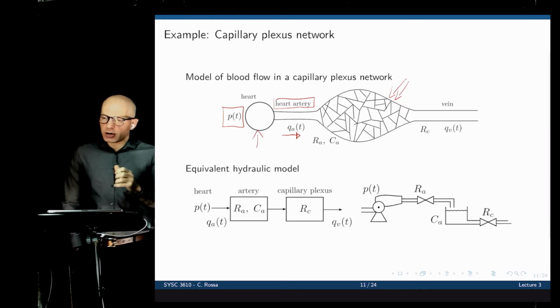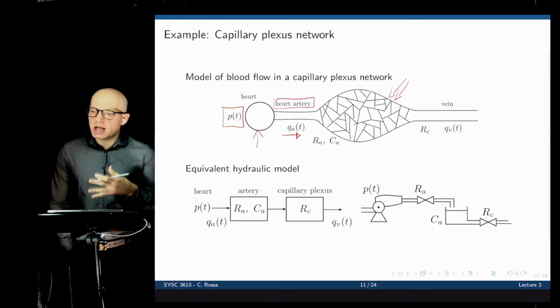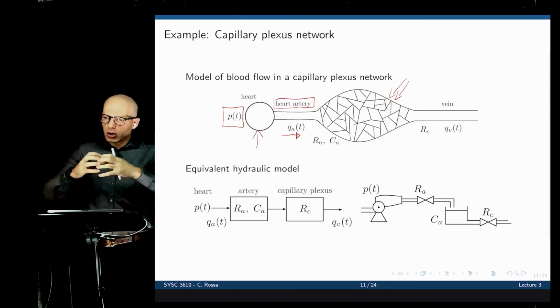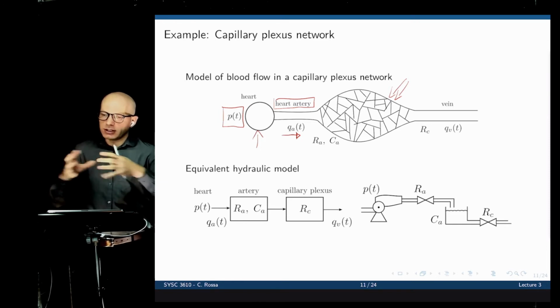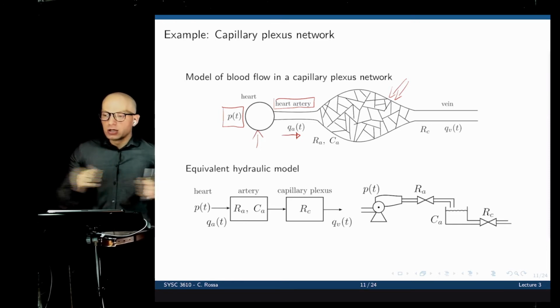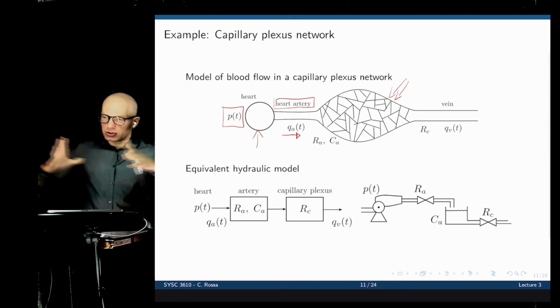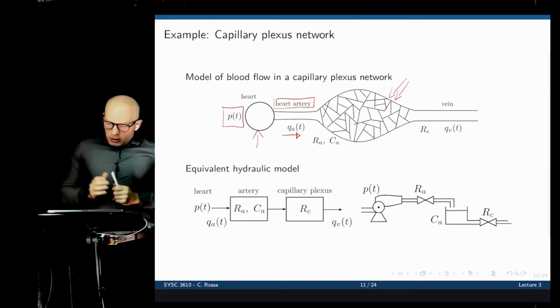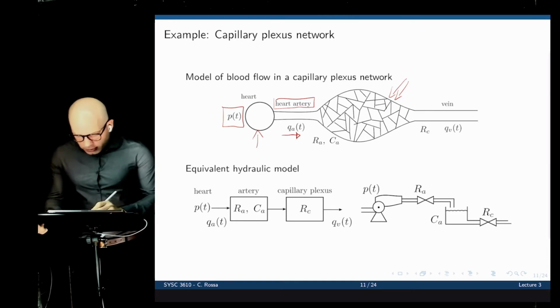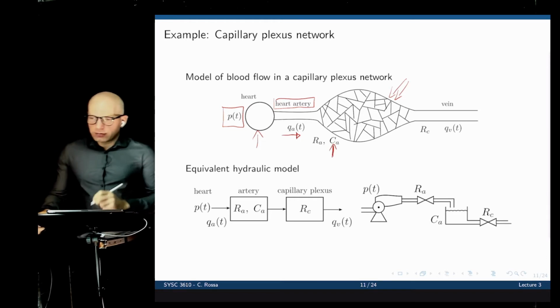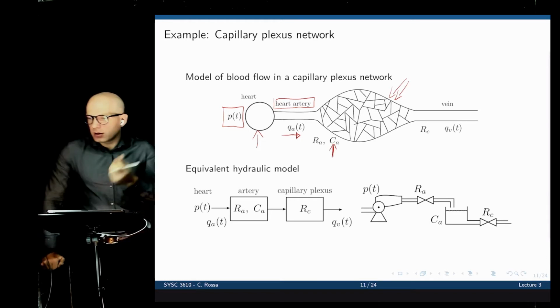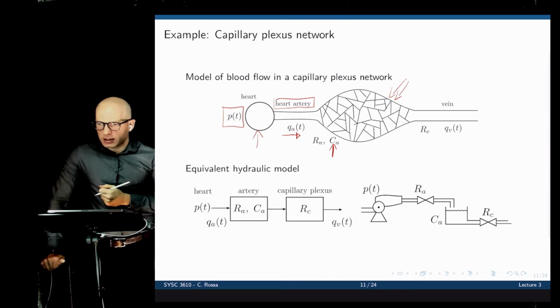The network now becomes some sort of storage element because it can retain some of the blood before it lets the blood out. So the flux in and the flux out are not necessarily the same because we are somehow storing it temporarily before we let it go. So now we have some sort of hydraulic capacitance here, some sort of reservoir that is holding for a few moments that quantity of blood.